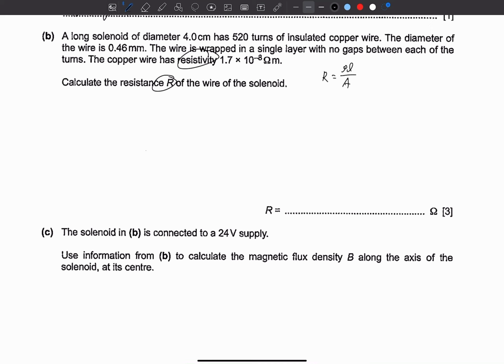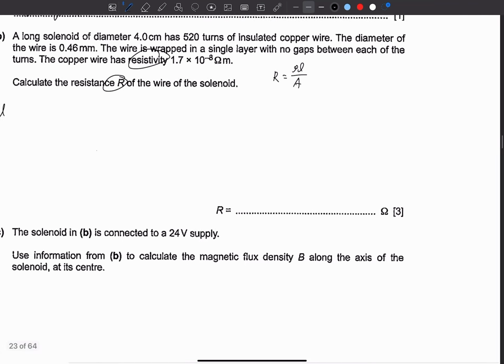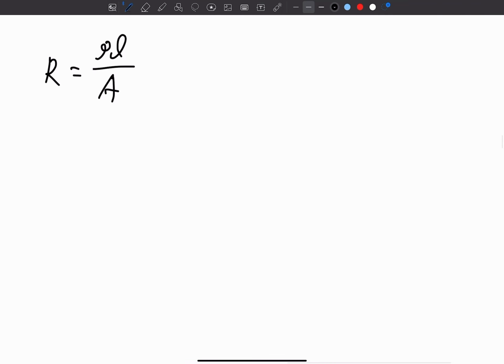Do we have rho? Yes. Do we have L? No, we don't have L. So let's find what L is. L is the total length of the wire. And you can imagine it like this. Let's draw a diagram. This is the solenoid, and this is the wood.